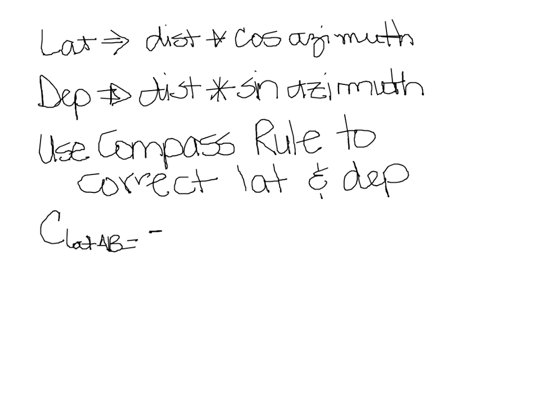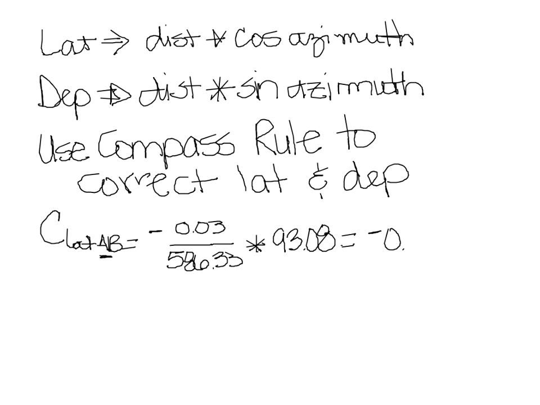You're going to take the latitude error, which is 0.03, divide that by the perimeter of the traverse, which is 586.33, and then multiply that times the distance of AB, which is 93.08. It's going to give you a correction of negative 0.005.